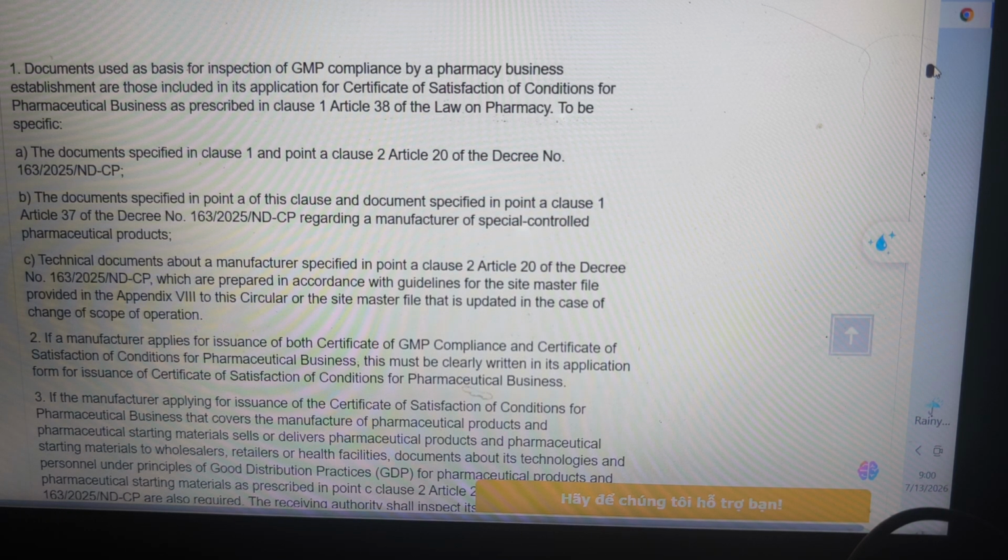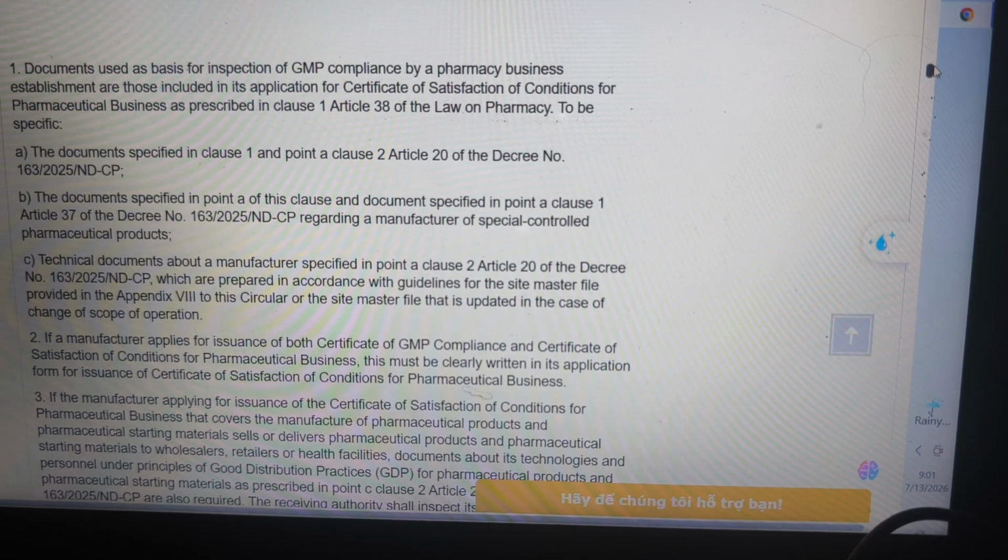If a manufacturer applies for the issuance of both the certificate of GMP compliance and the certificate of satisfaction of conditions for pharmaceutical business, this must be clearly written in its application for issuance of the certificate of satisfaction of conditions for pharmaceutical business.